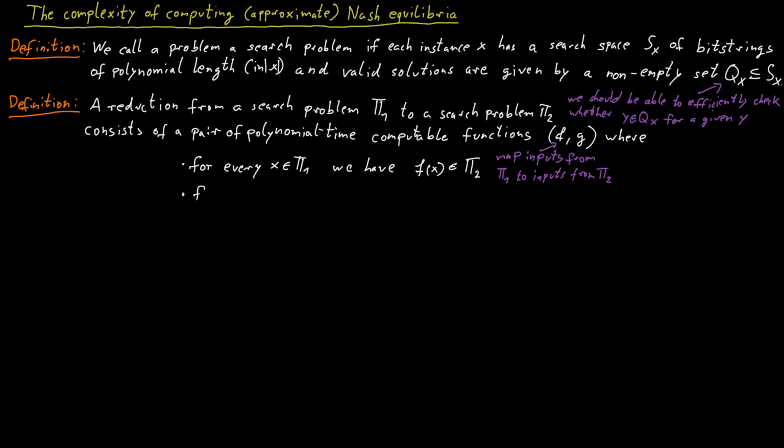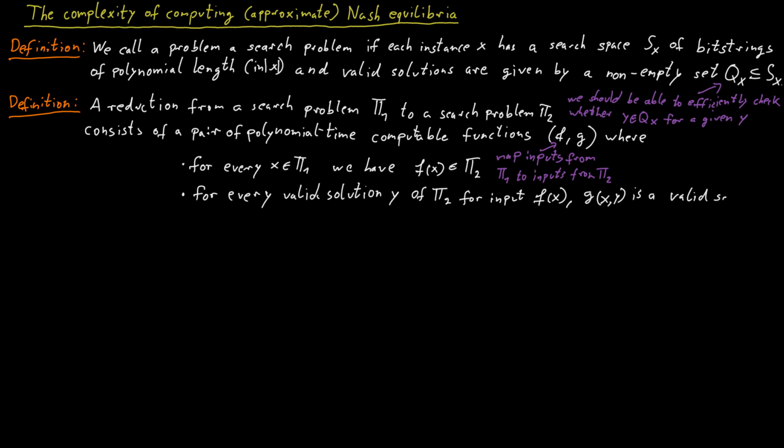So for every valid solution y of this second problem, P2, for input f of x, we must have that g of x and y is a valid solution of the first problem, P1, for input x. Right?